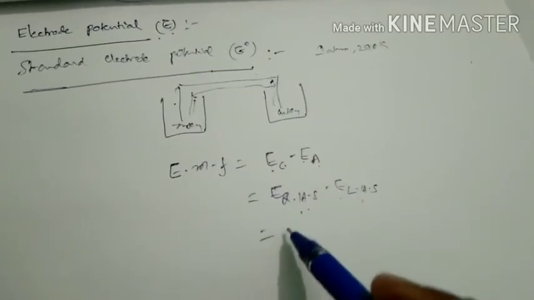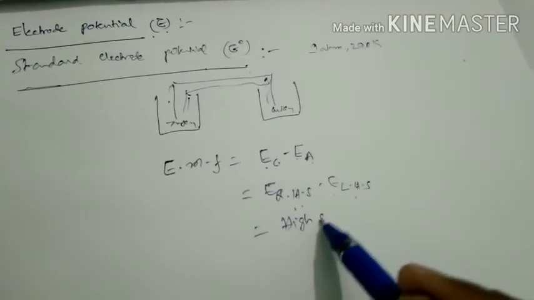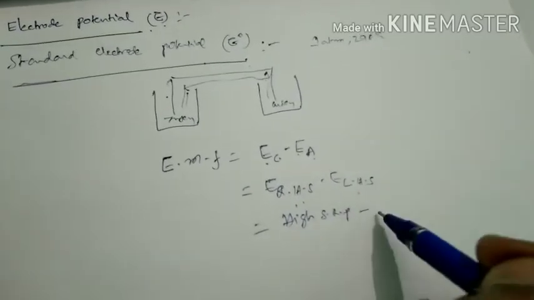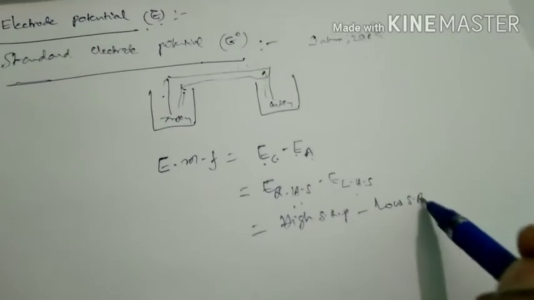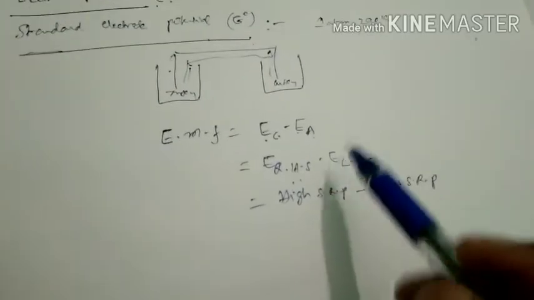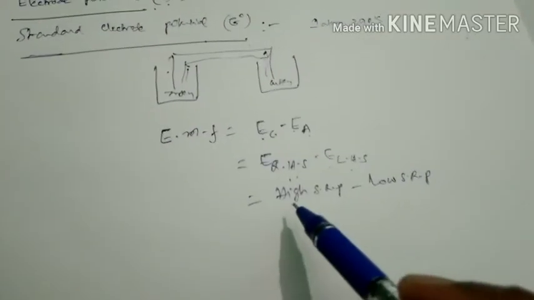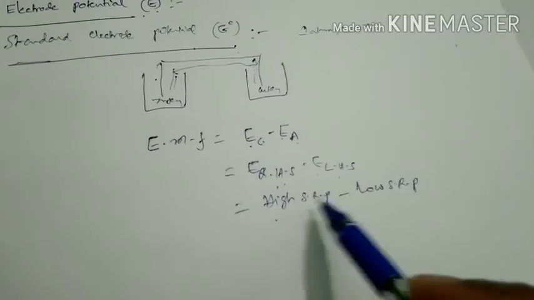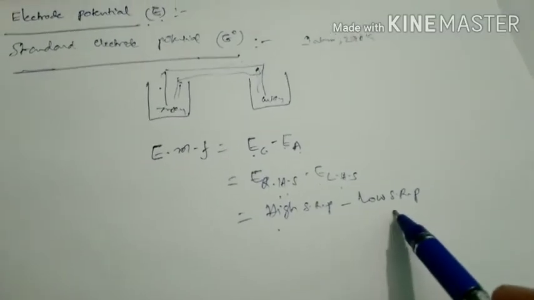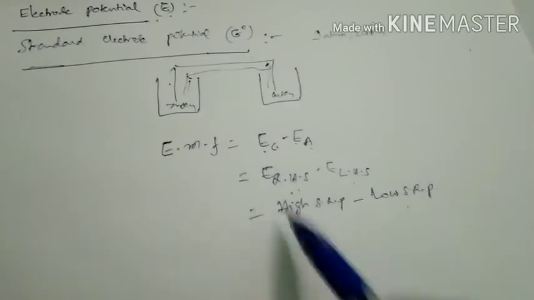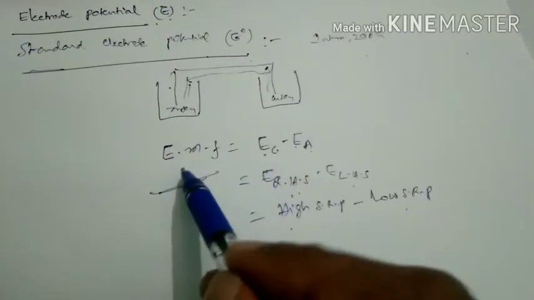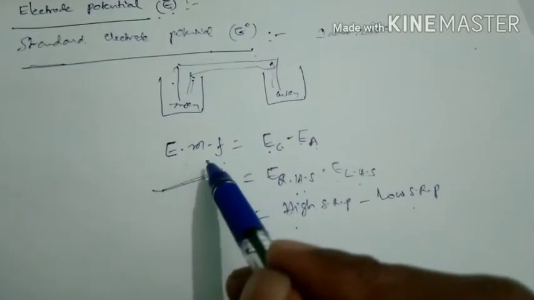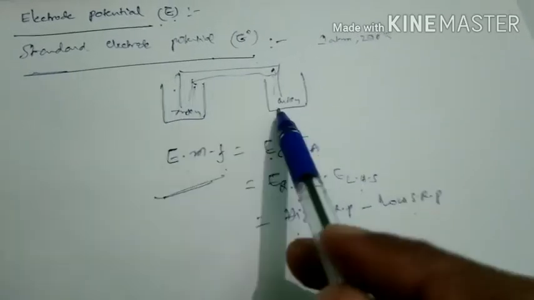And one more formula is high SRP minus low SRP, that means the higher SRP value minus the lower SRP value. You can use any of these formulas. By using these three formulas, we can calculate the EMF, that means the electromotive force of a galvanic cell.